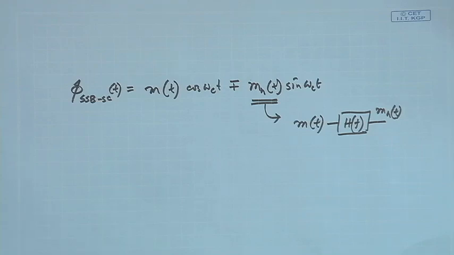For demodulation it is pretty easy. You just multiply the SSB-SC signal by cos omega ct. Immediately you get a term related to the baseband of that signal, and then terms at higher frequency, cos 2 omega ct and sin 2 omega ct. You put a low pass filter, all those higher frequency terms are rejected, and you can extract your m(t).